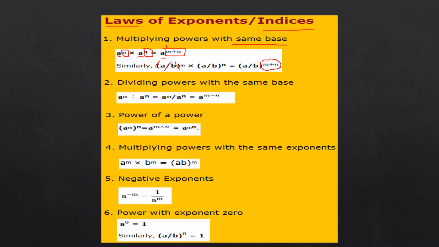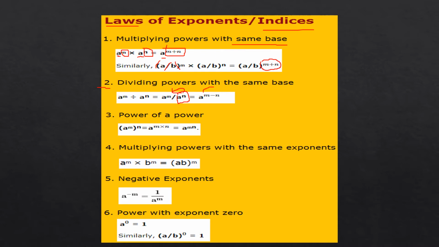So law number 2, dividing powers with the same base. If we have the same base, by dividing, that means you will move the denominator to the numerator. It will be A times A power negative n.